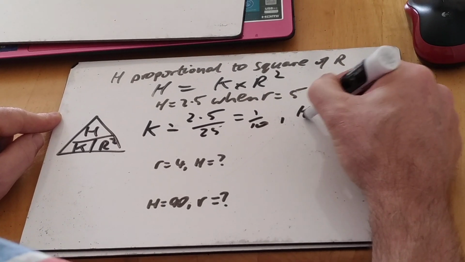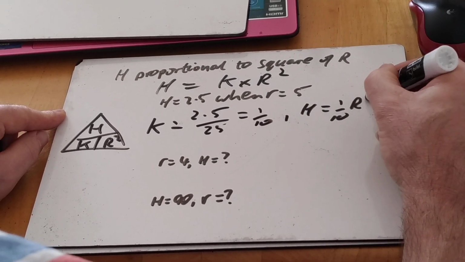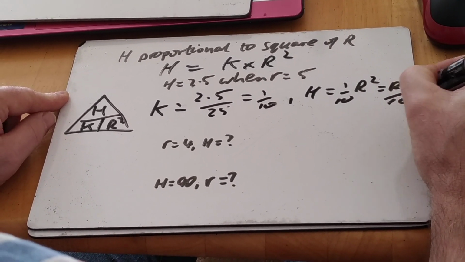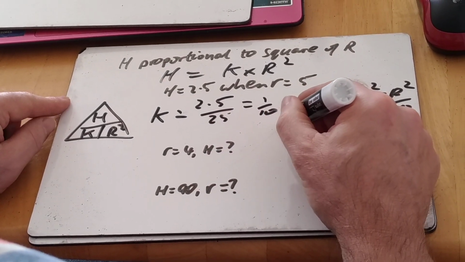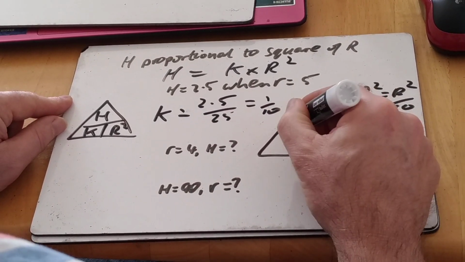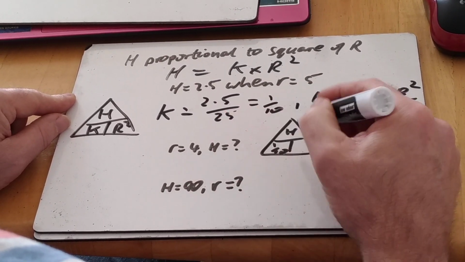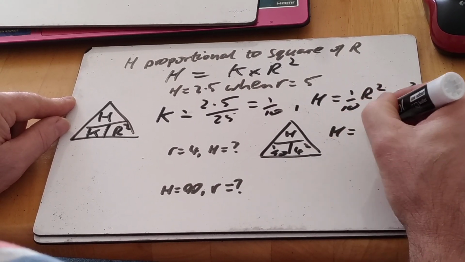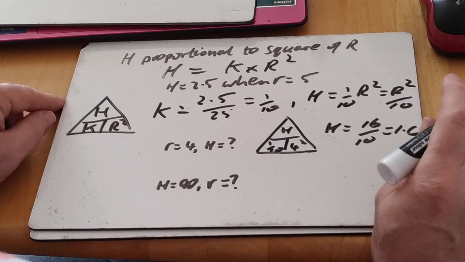So my equation is h equals 1/10 of r squared, or r squared over 10, either form. When r equals 4, let's try and find h. k is 1/10, and then 4 squared, which is 16. h equals 16 over 10, 1.6, nice and straightforward.